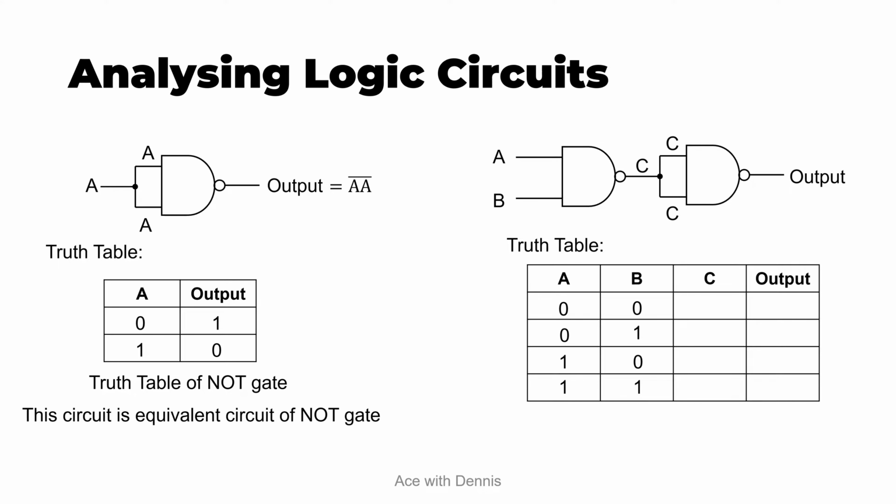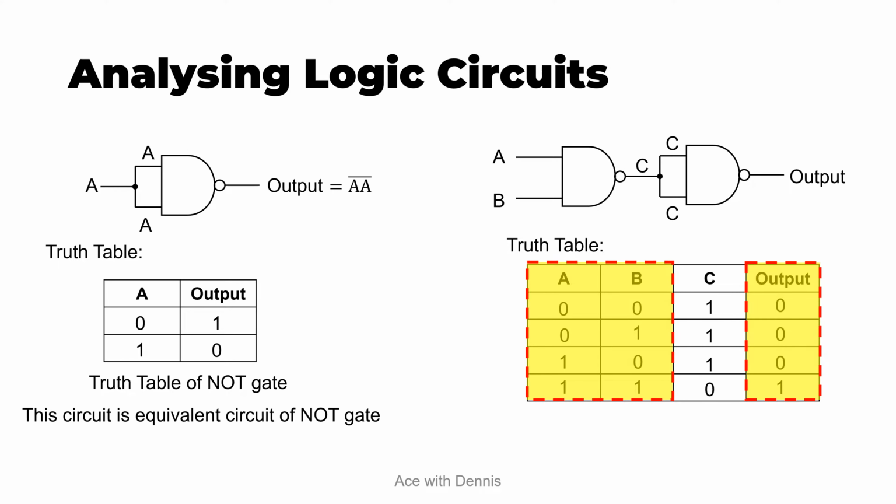For AB, there are four possible combinations: 0, 0, 0, 1, 1, 0, and 1, 1. The output C will be 1, 1, 1, 0. Then the output for this circuit will be 0, 0, 0, 1, since the second NAND is the equivalent circuit of the NOT gate.